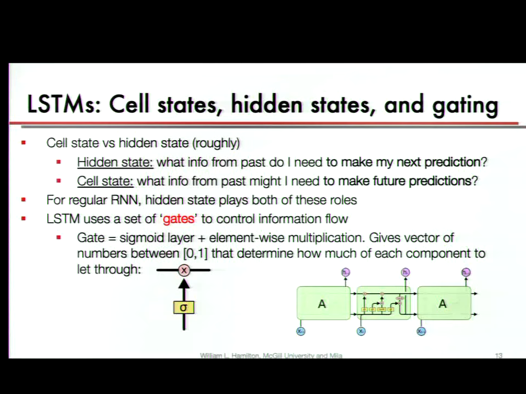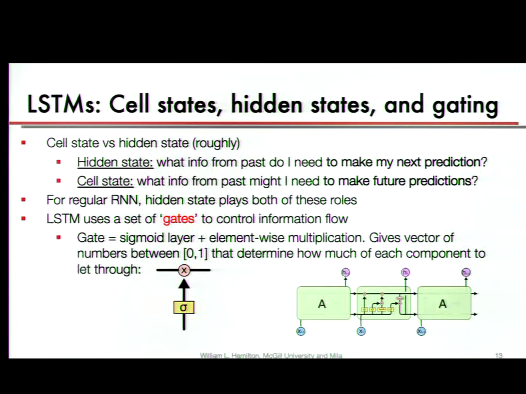And then the key thing is that the way that we do all these updates within an LSTM is using what are called gates. There are a number of different types of updates happening, but this gating idea is pretty important. This gating idea is basically taking a sigmoid layer. We get some vector that we feed to a sigmoid layer, and this gives us a vector of values between 0 and 1.